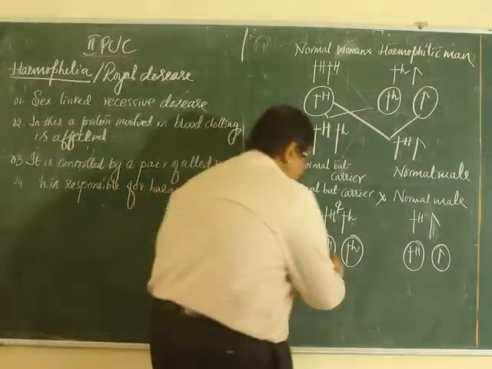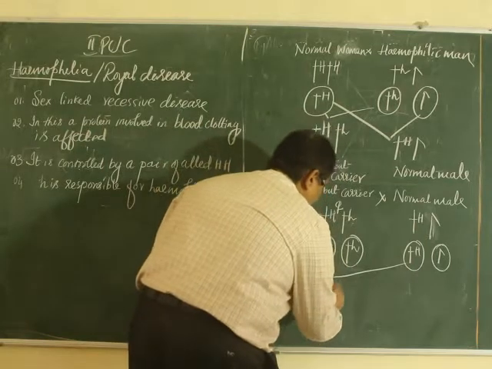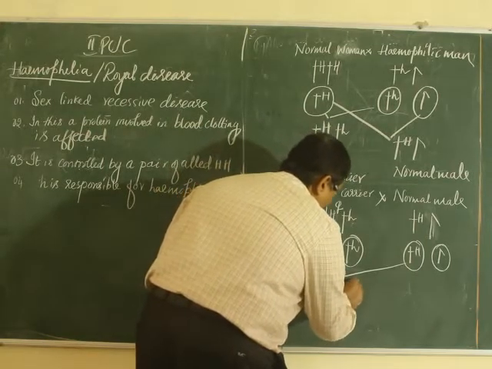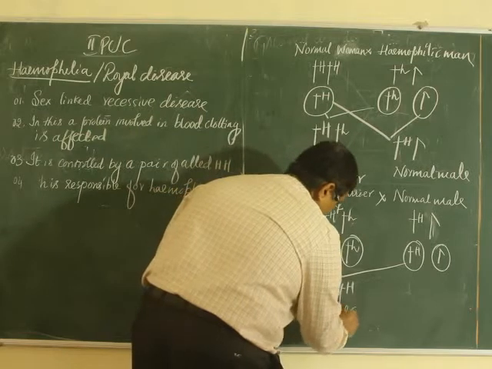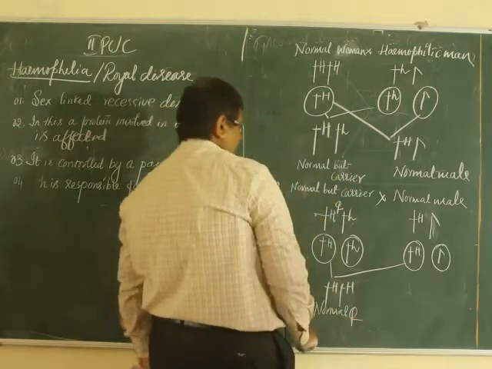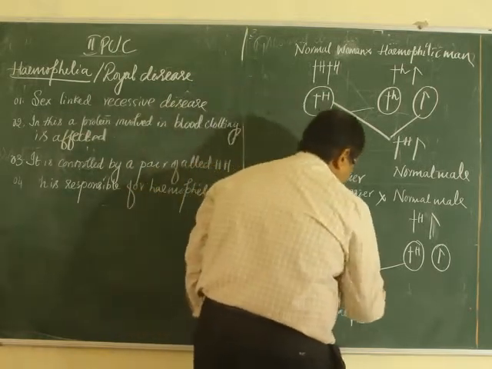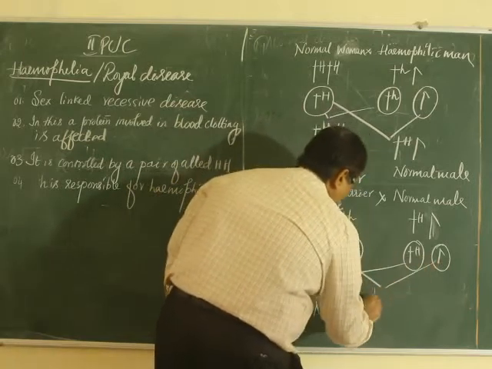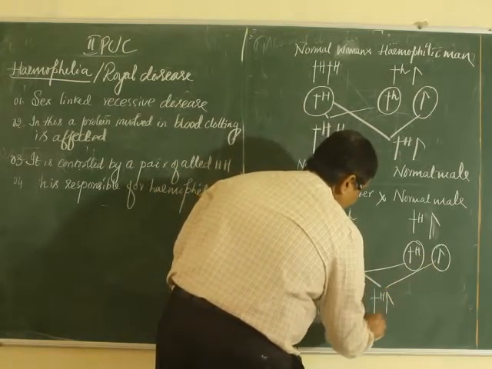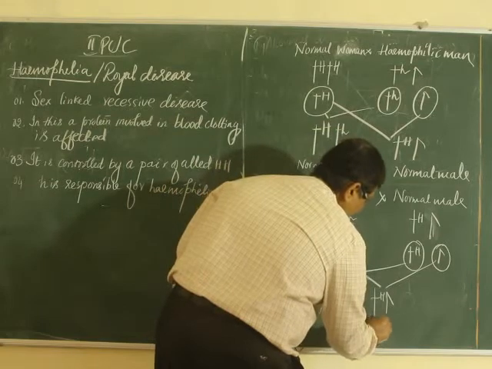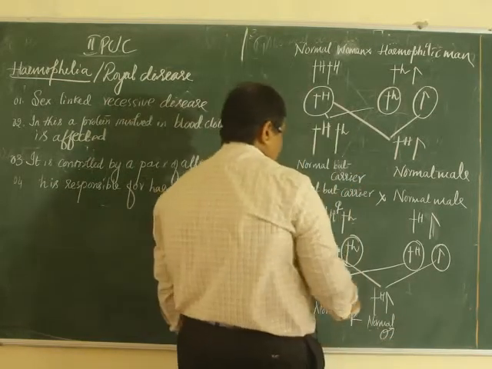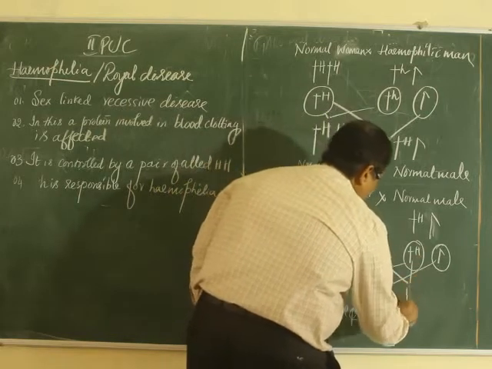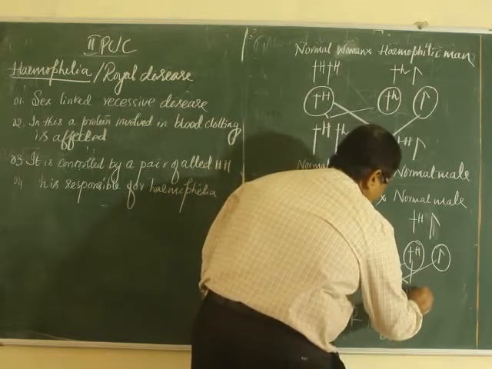Capital H and capital H combine to form a normal female. Capital H and Y combine to form a normal male. Small h and capital H combine to form a normal but carrier female.